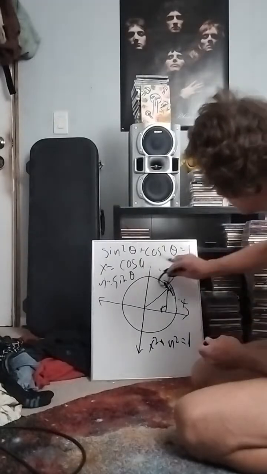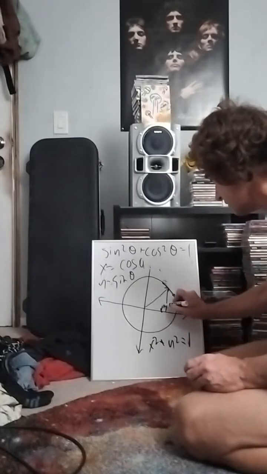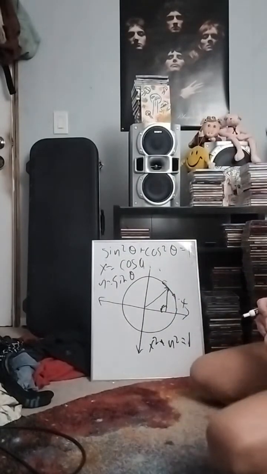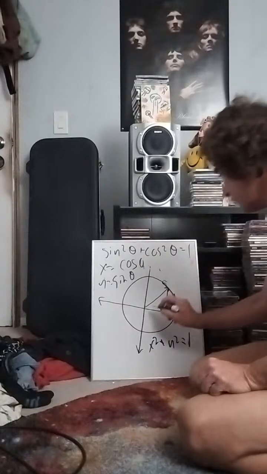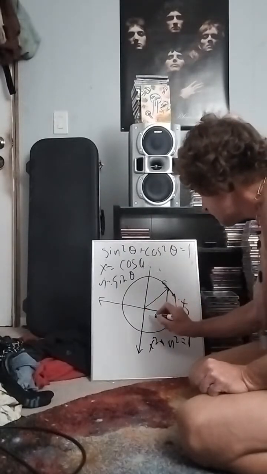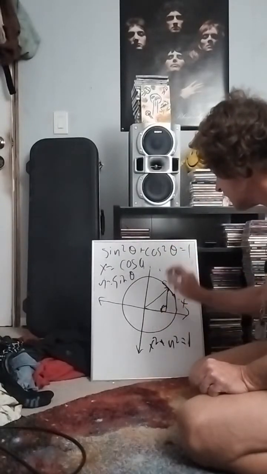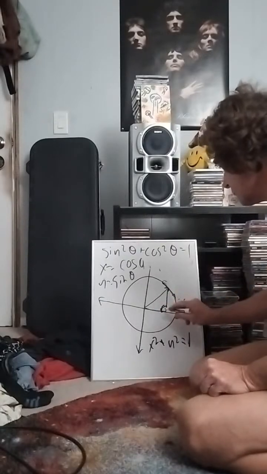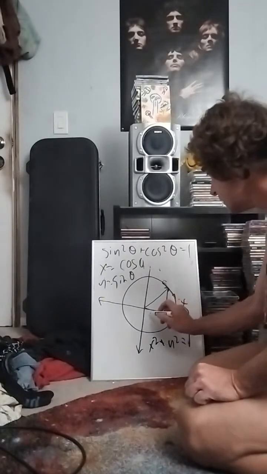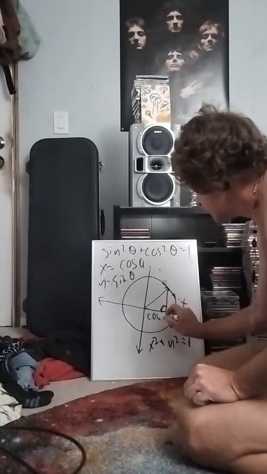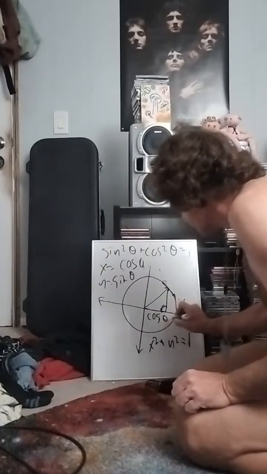Because if you have a circle and you draw a radius and draw a line down, you have a right triangle. And that would mean that the x value, the real part of a complex number, would be cosine theta.